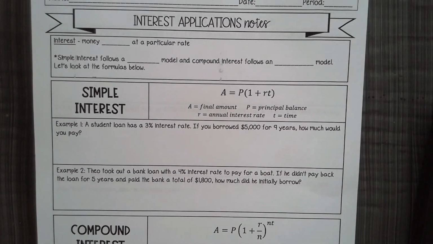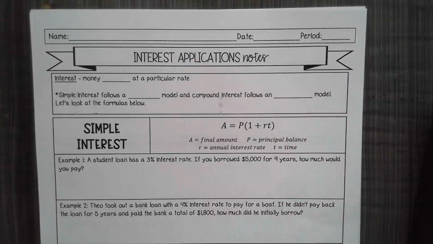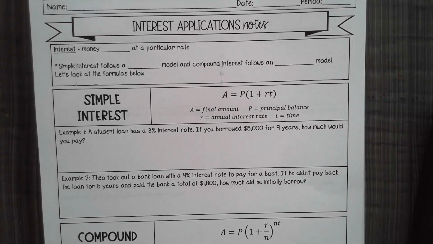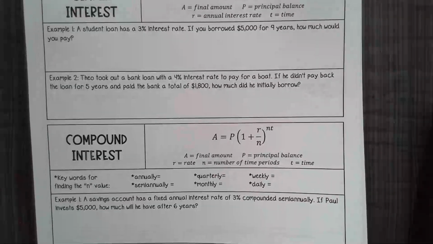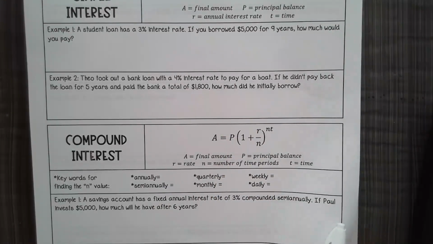Hey everybody, we are talking about interest applications today, and hopefully you recognize these formulas. I know that I had this one on one of our tests for compound interest.